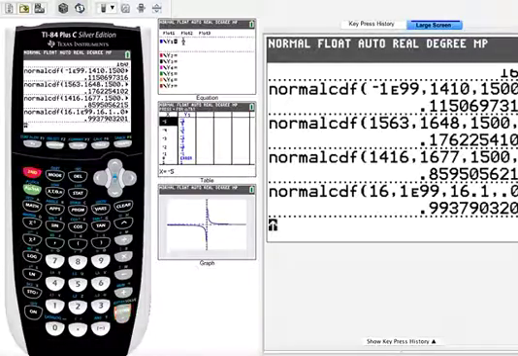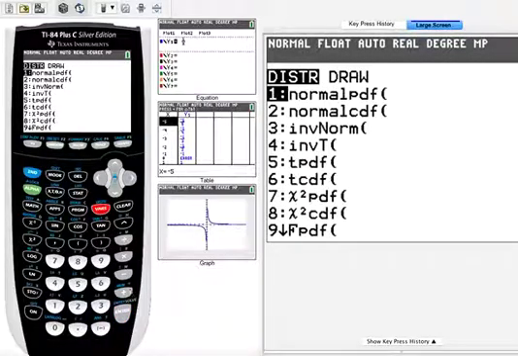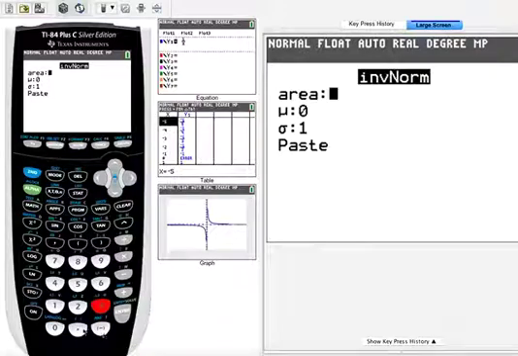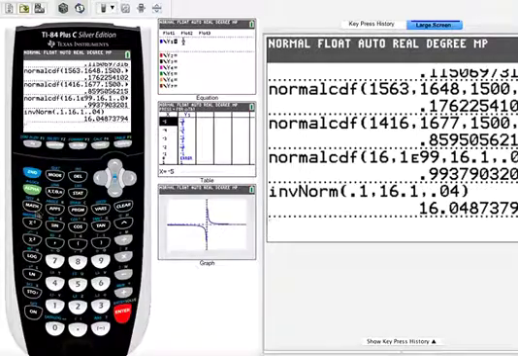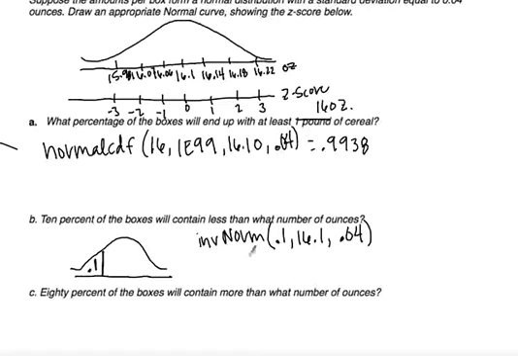On your calculator, you do second vars, inverse normal, which is 3. Area is 0.1, mean is 16.1, and standard deviation is 0.04. Whenever you do that, you get 16.049. So 10% of the boxes will contain less than 16.05 ounces.